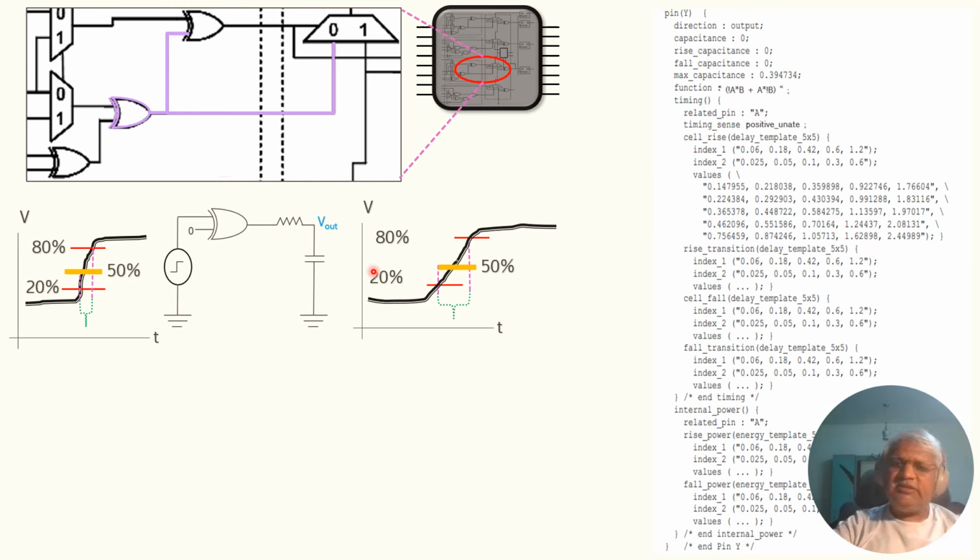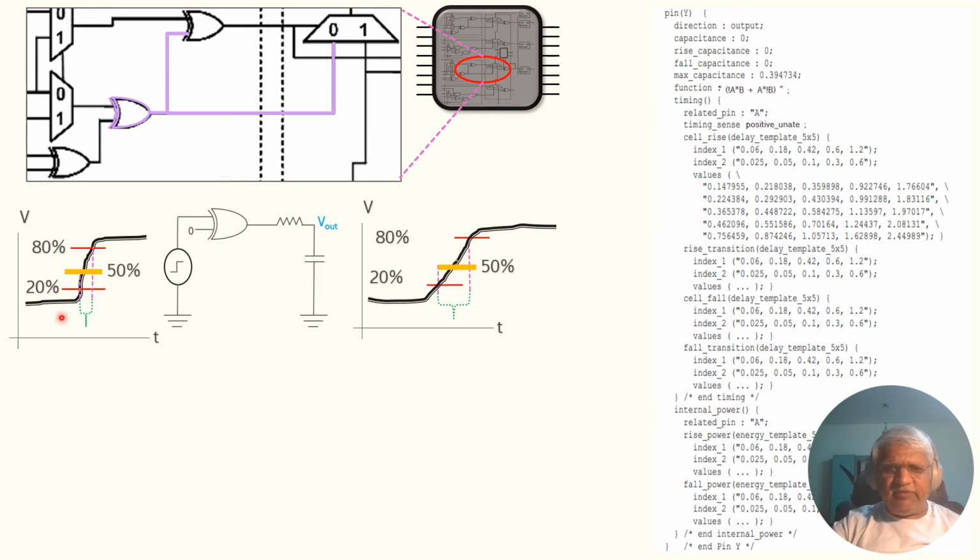Now the rise transition is also calculated. I'm not able to see well, so I'm not able to point out exactly, but this is the rise transition. Here the same index 1 and index 2 are used, and the corresponding output transition values are also specified, though here it is not shown.